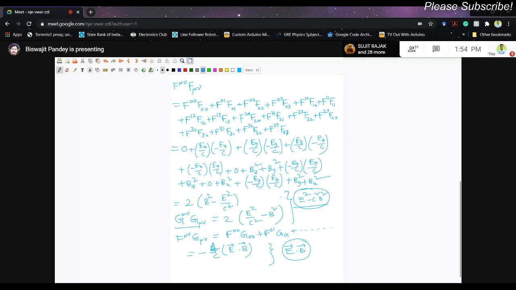The first one is obtained by taking the dot product of f mu nu with itself, and the second one is obtained by taking the dot product of f mu nu with its dual tensor g mu nu. So both these quantities are expected to be Lorentz invariant, which we have already learned from some other discussion.